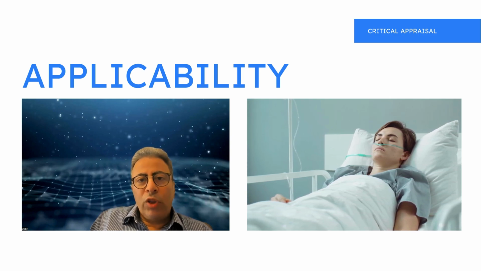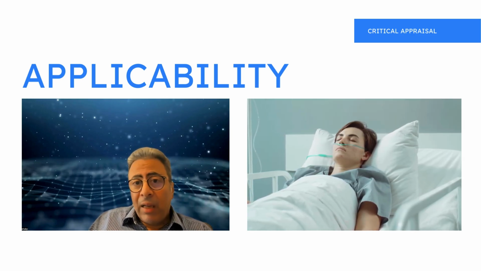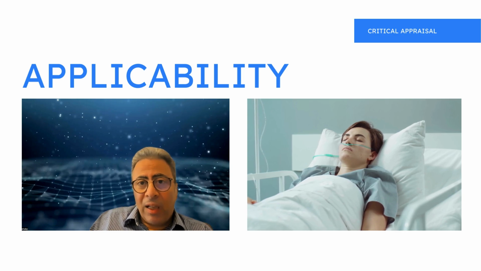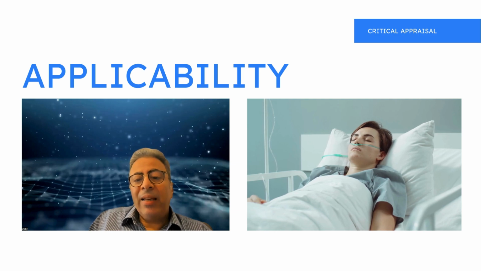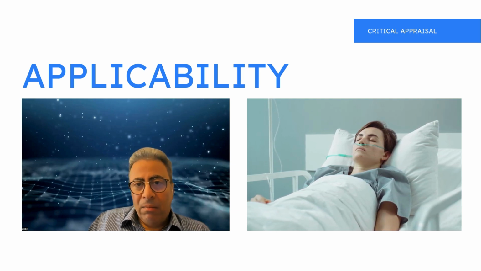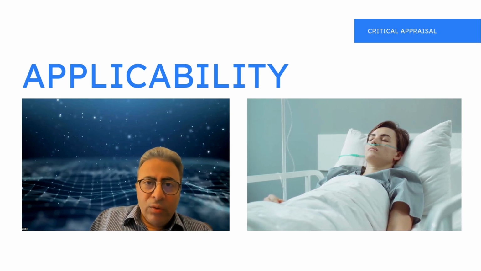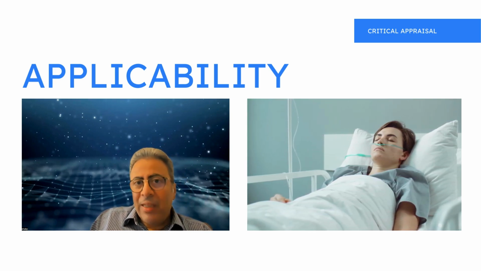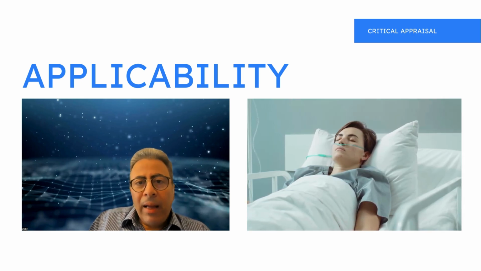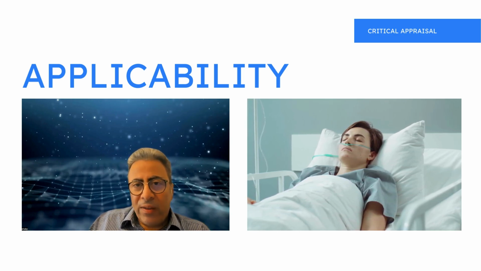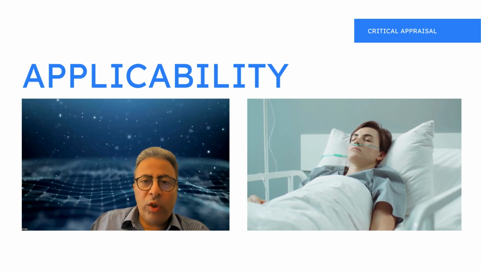So if the study was conducted on 1,000 patients, for example, can we generalize it and implement the results across the entire population? The second, how practical it is. The third is the alignment with patient value. And the fourth question is the cost effectiveness. So when it comes to how applicable these research results are in real life, we need to answer these four questions.